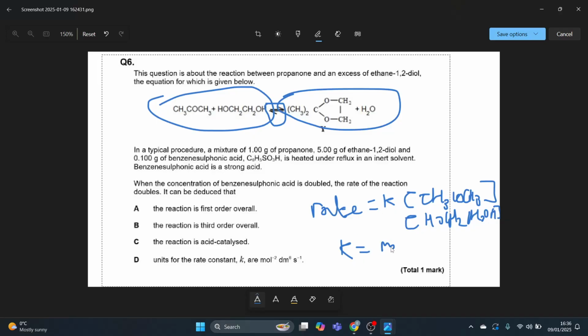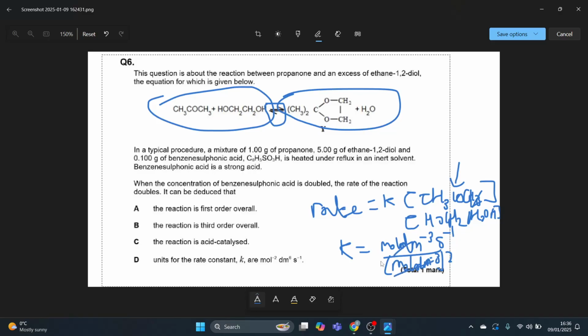Rate is mole per dm cubed per second, mole per dm to the minus 3 s to the power minus 1, divided by, well, we've got one mole per dm cubed, another mole per dm cubed, so that's going to be mole per dm cubed, squared.